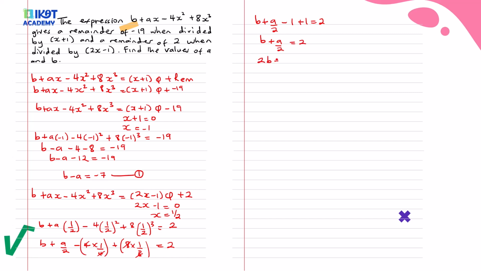What do I get? 2b plus a is equals to 4. This is supposed to be 4 because we're multiplying 2 by 2. So this is our equation 2. We just solve 1 and 2 simultaneously. I'm just going to quote the answer. When you solve, our value of a is 6, our value of b is -1.